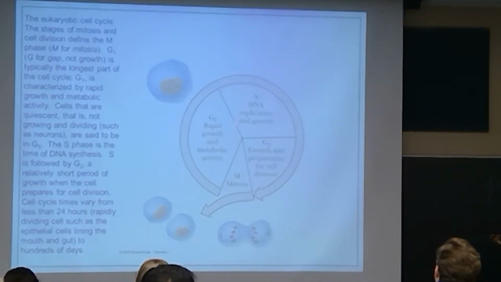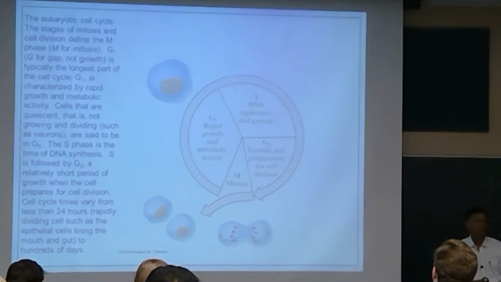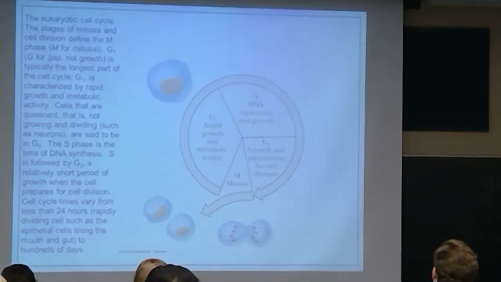But here, the checkpoint regulation is very, very efficient. Until the complete DNA has duplicated, it won't turn on G2. Okay, so these checkpoints are highly regulated and they are critical checkpoint regulators.